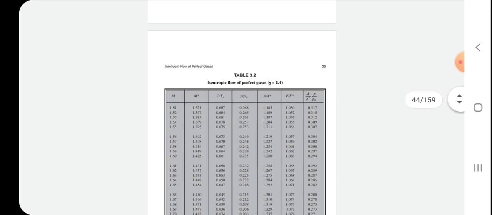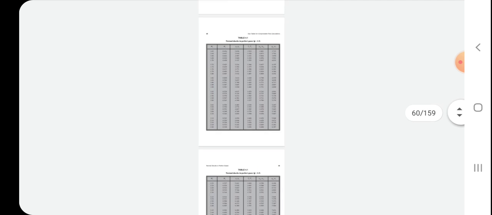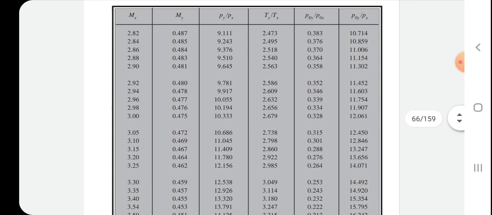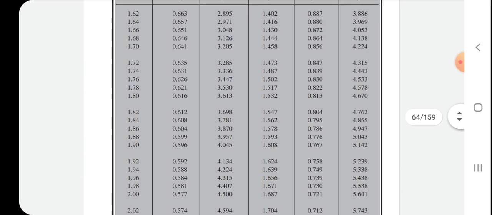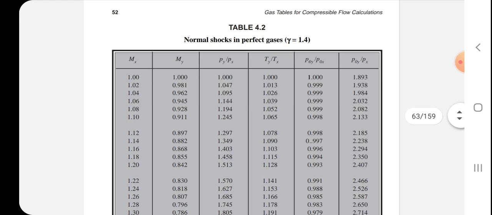Here you can see normal shocks in perfect gas, gamma equal to 1.4.